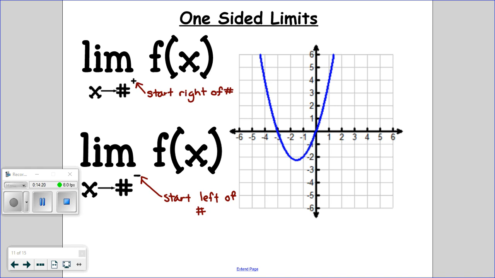Okay, so this is a very simple graph. Let's say that number happened to be like -1. So I'm supposed to be approaching -1. And if it had been written as x approaches -1 from the right-hand side, I will take my pencil and move it right of that line. Wherever I need to get on the graph, I will start tracing towards that graph. And as I approach that x value, this line right here, of -1, I finish the statement -1, comma, what point am I heading towards?